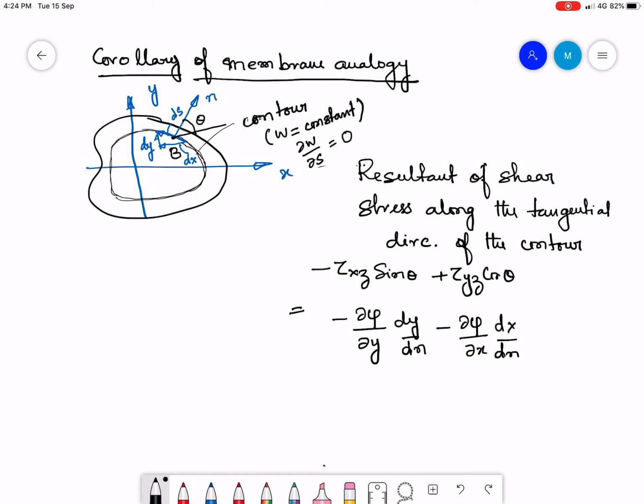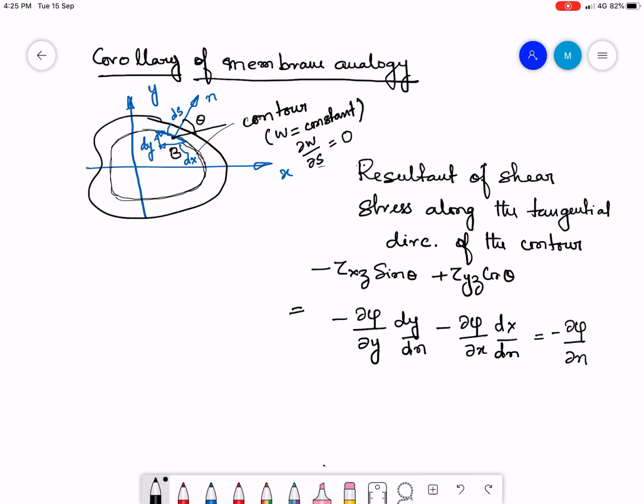Okay. So, from geometry we can see that sin theta can also be written as dy by dn and cos theta can be written as dx by dn. Okay. So, therefore, the resultant can further be written as minus del phi by del n.